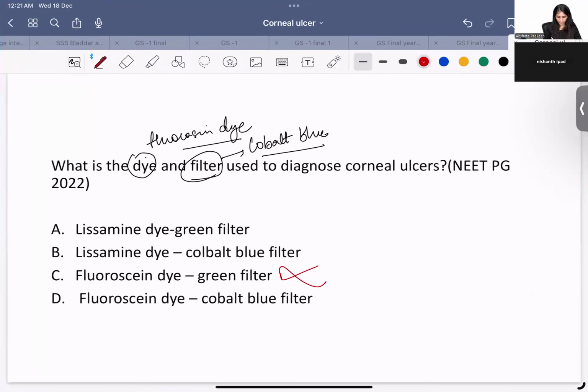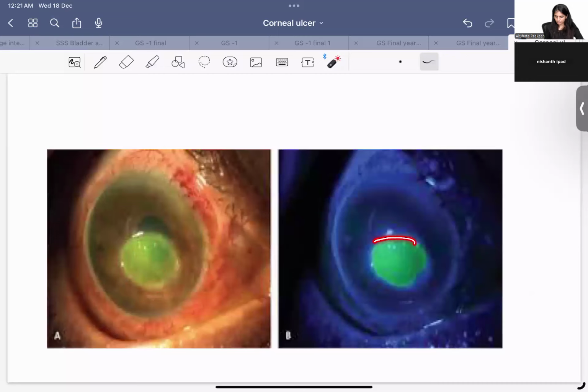Okay. So we move on to the next question, or rather, we'll just see the picture first. So this is your corneal ulcer. Right, here is your corneal ulcer. And this is under cobalt blue filter. Both of them have been stained with fluorescent dye. It is better appreciated in the second picture where the cobalt blue filter is used.